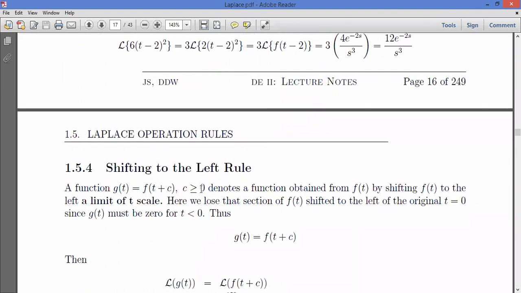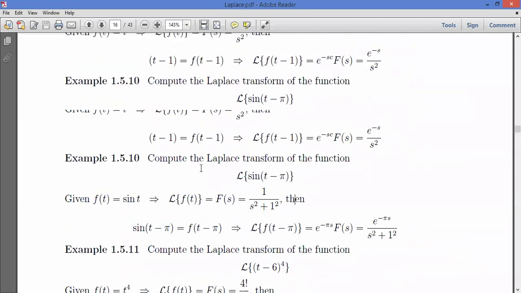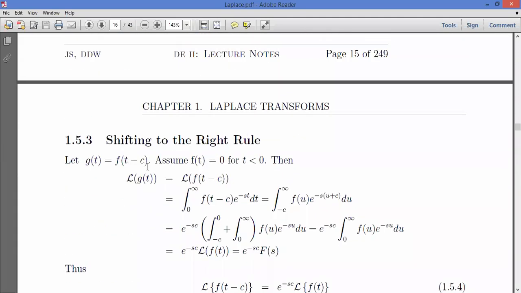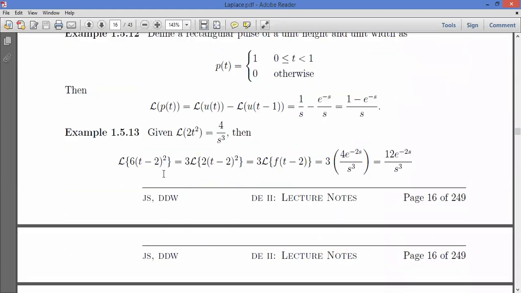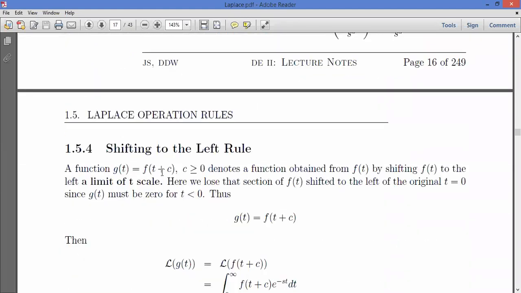Shifting to the left, I've already told you this one was a minus. Same story here, you simply deal with the addition. It becomes t plus c. For the right, it was t less than 0, but now here our parameter is positive.